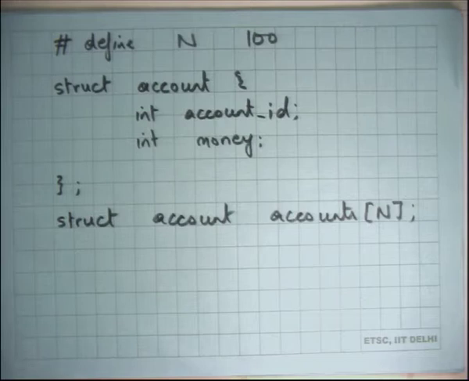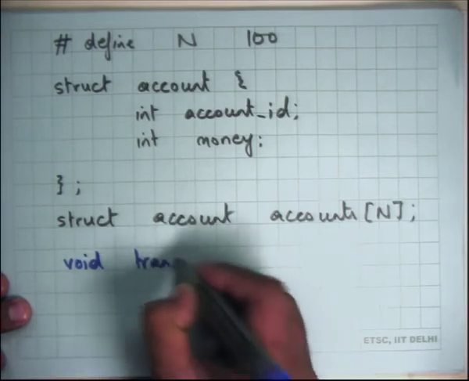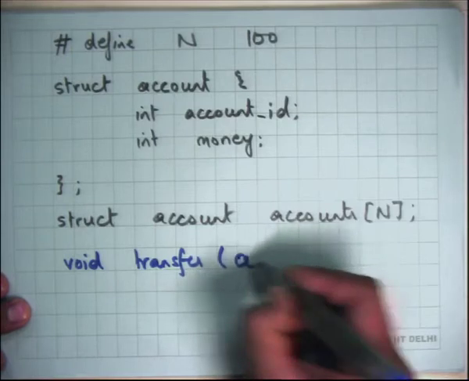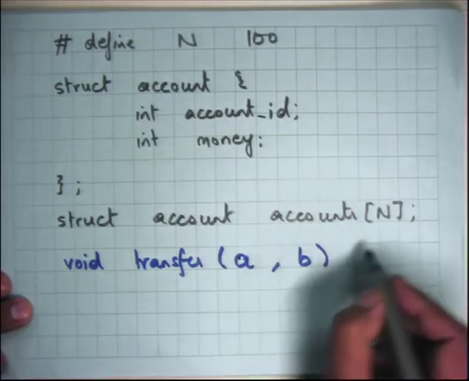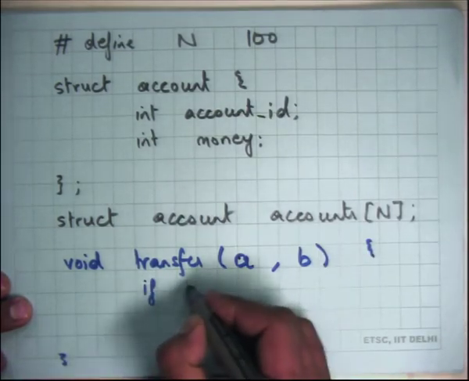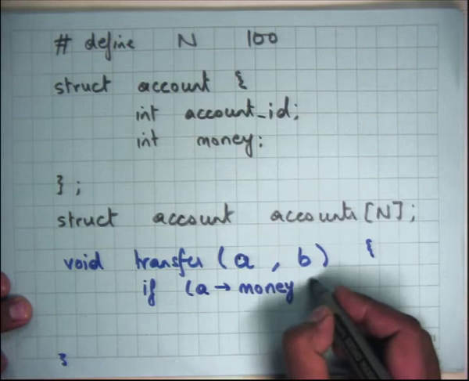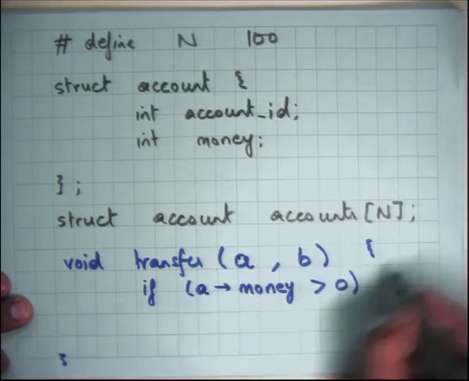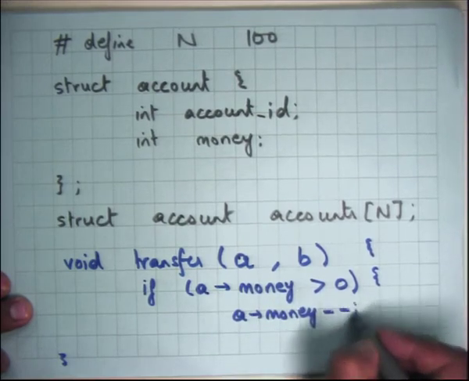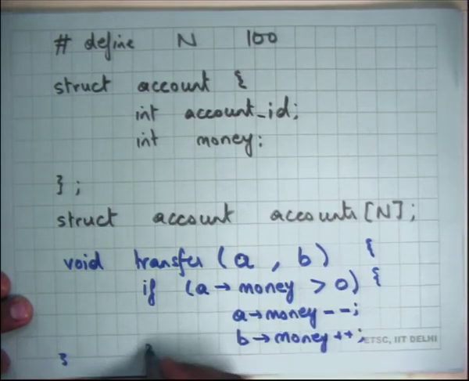I am a bank, and I want to provide this service to my customers called transfer. So I should be able to say void transfer, account A to account B. I'm omitting some syntax here, and what it's going to do is: if A.money is greater than 0, then A.money--, B.money++, and that's it.